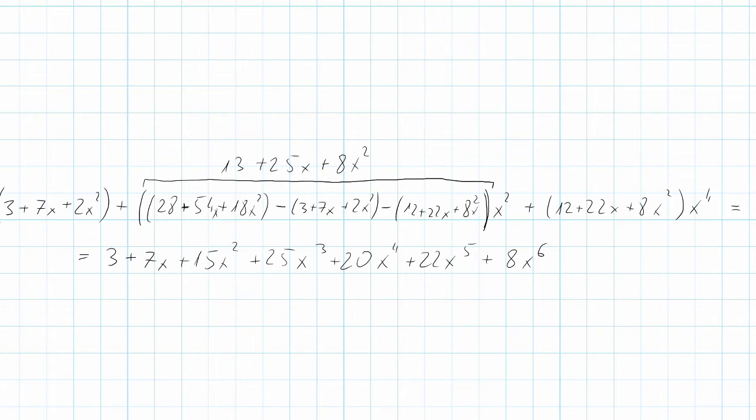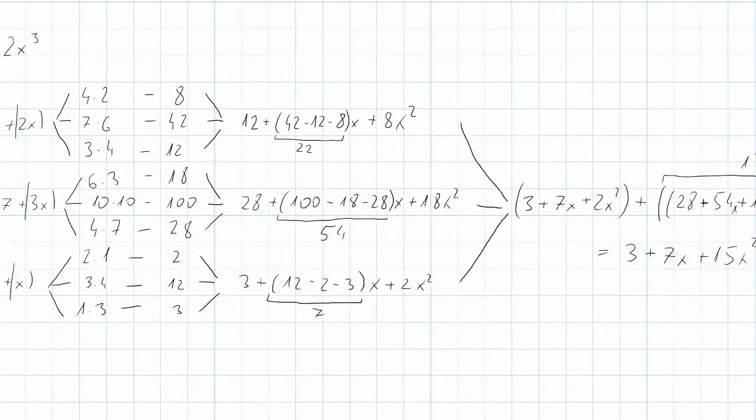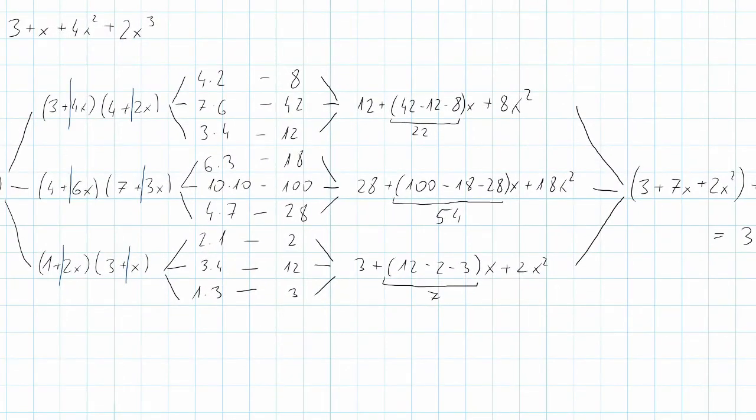Let's check objectively if we have really more computations to do here, or less than in a standard long multiplication. Observe that there was only one place where we had to compute the products of coefficients. These are the only products here.